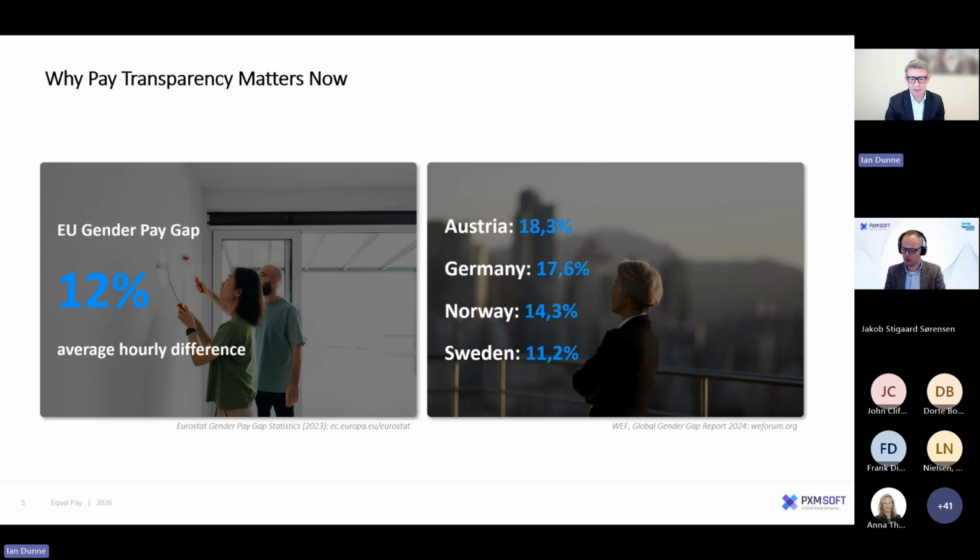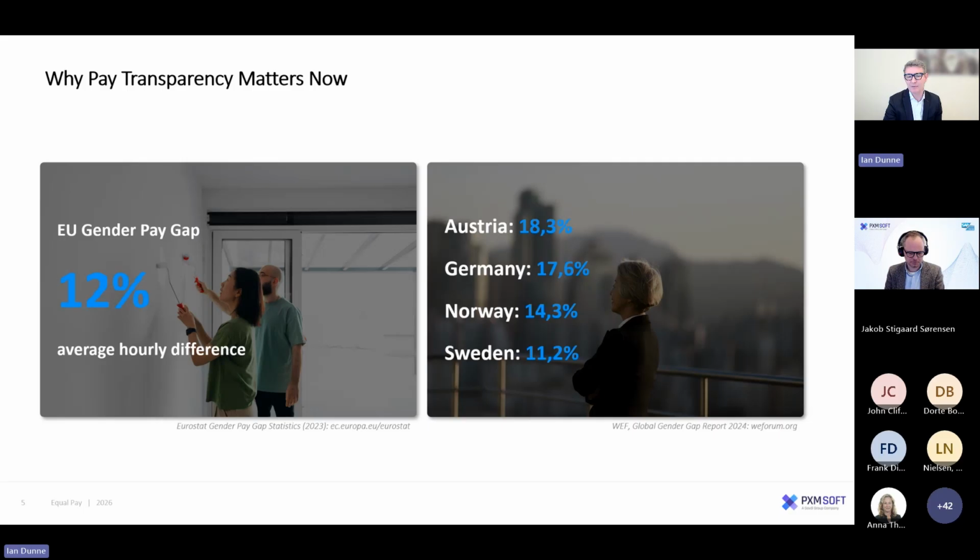If we look at the first slide here, our real focus is why transparency matters. Why is it now? If you look across the EU, the average gender pay gap is 12%. Now, the average, as we all know with statistics, doesn't tell the whole truth in terms of the gaps.